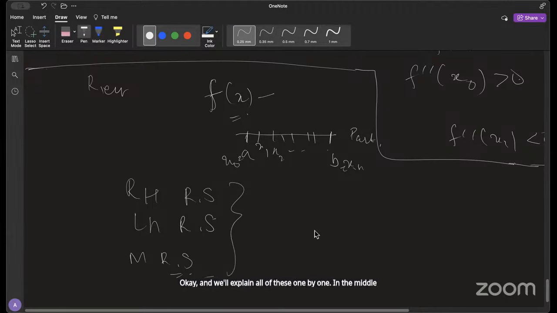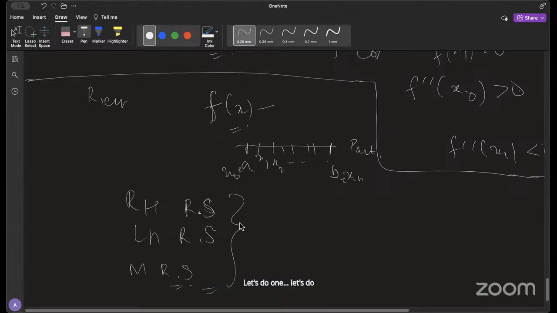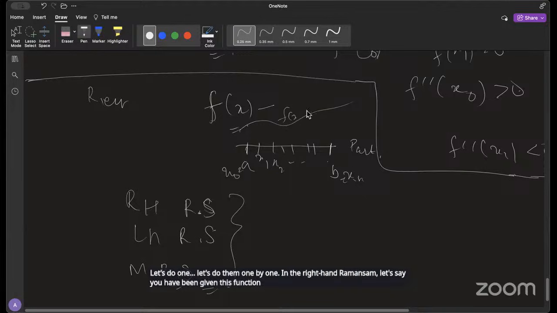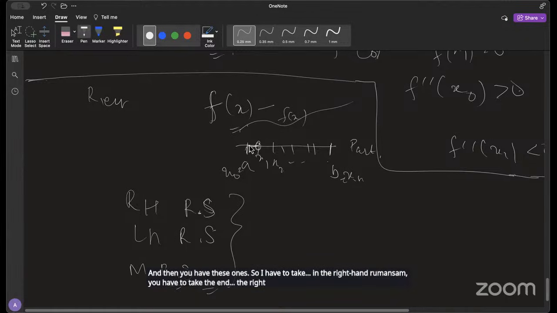Let's do them one by one. In the right hand Riemann sum, let's say you have been given this function. This is your function, and then you have these subintervals. In the right hand Riemann sum, you have to take the right end of your partition.